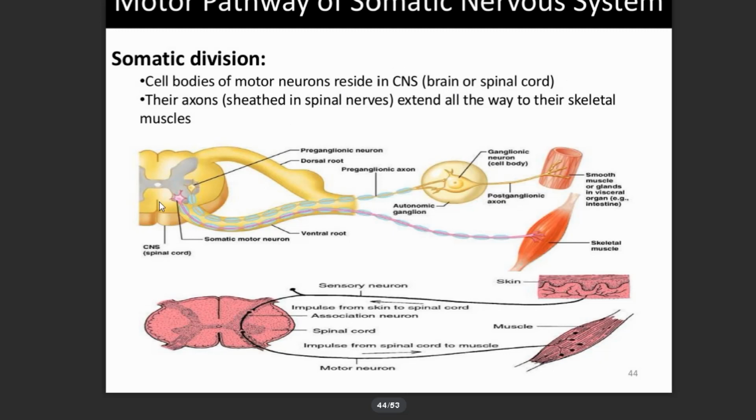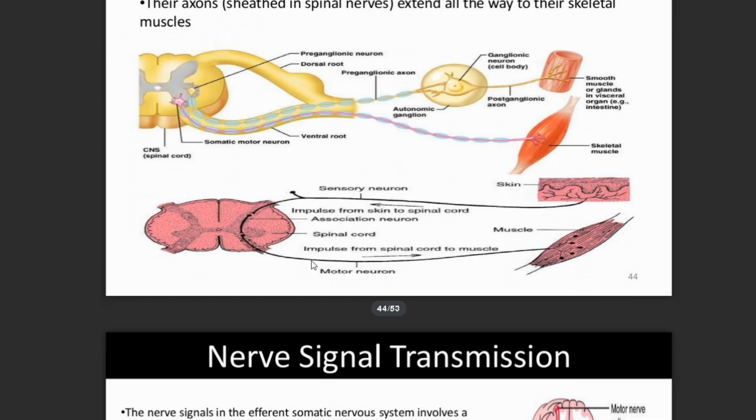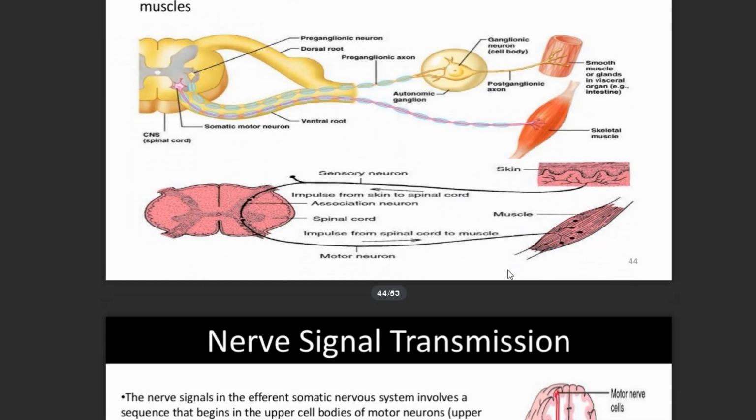This one has its cell body in the spinal cord, but its axons run away from it. These axons are contained in the spinal nerves, like this one, and extend all the way to the skeletal muscle.